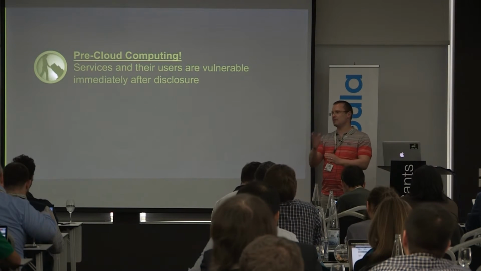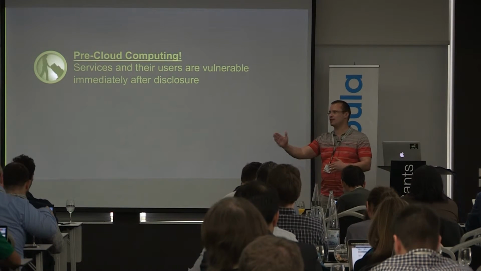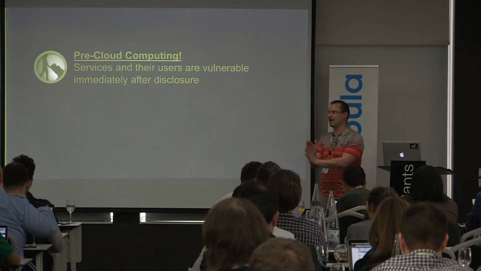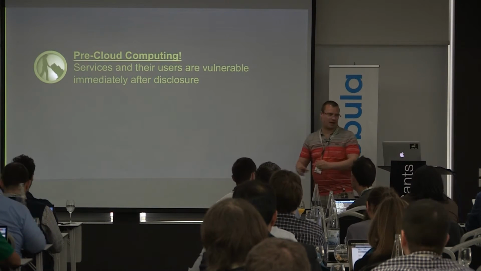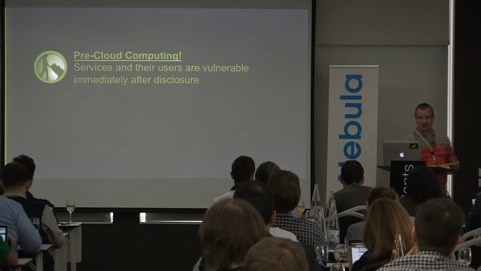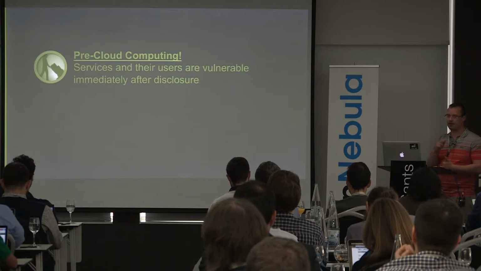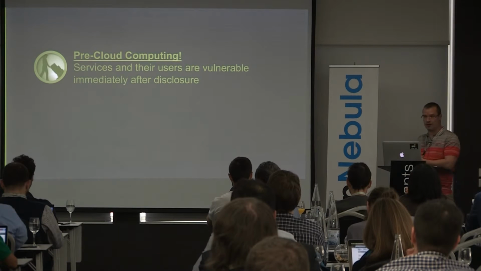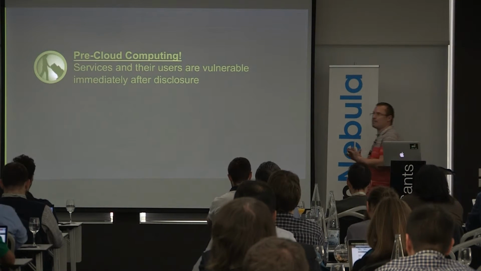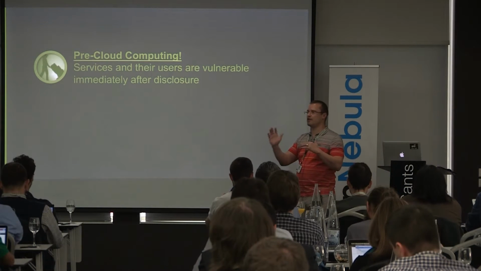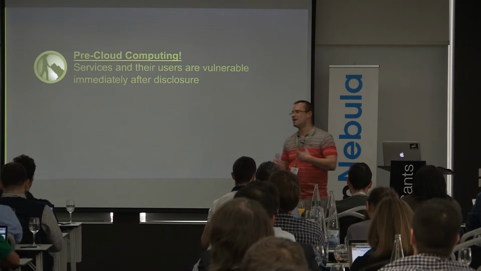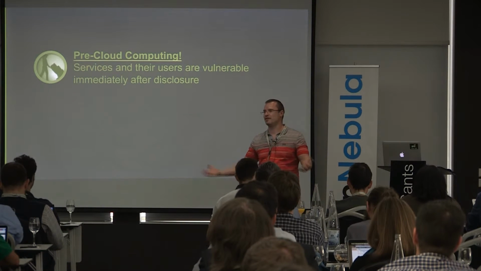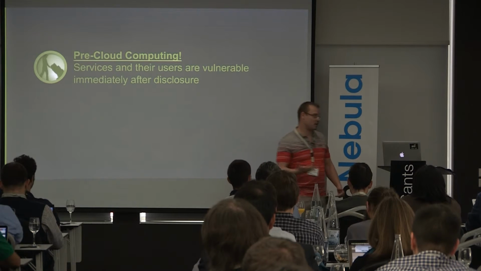And for that reason, they don't have the information that a bug is there until everybody else has it. And there's a few things to consider. Service providers tend to be high-value targets, and as soon as that information goes out, everybody will try and break them. And if you have millions of users, then of course the impact potentially might be very huge.